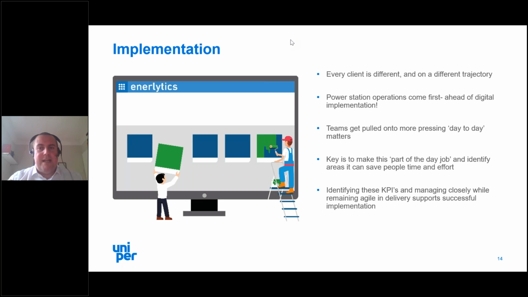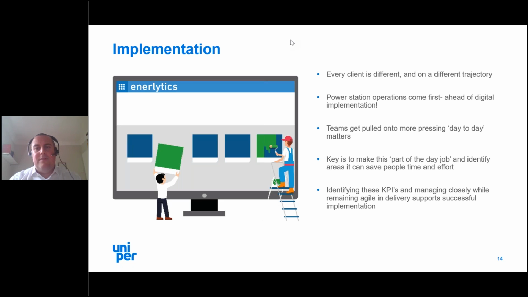They've traveled nearly 24, 30 hours, maybe 2 or 3 hours sleep, got to a power plant, and the power plant's had an unplanned outage. And those guys have had to sit there for a couple of days before the people they were due to train were able to be trained, because they were required on site.